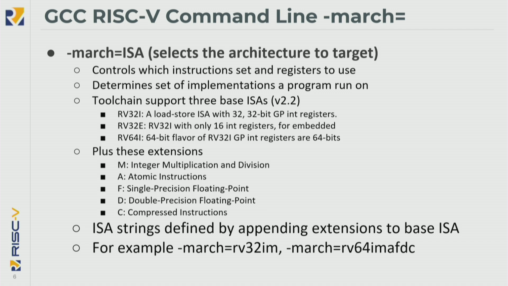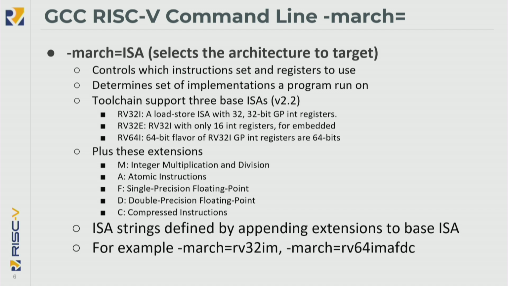The toolchain supports three base ISAs, and this actually comes from the RISC-V user privilege spec itself. The first is RV32I, a load-store ISA with 32 registers, that is 32 bits wide.